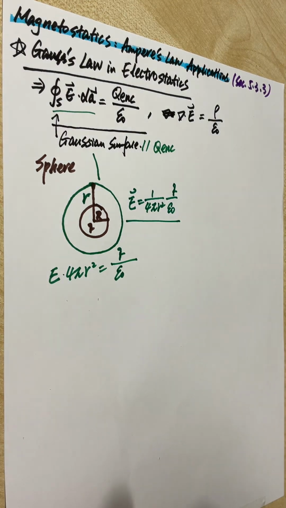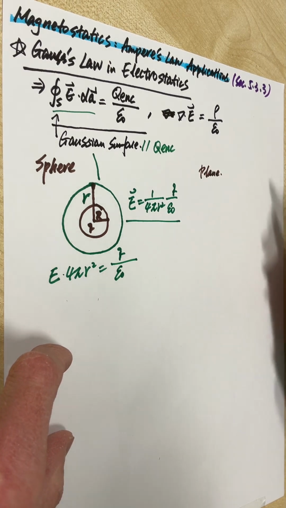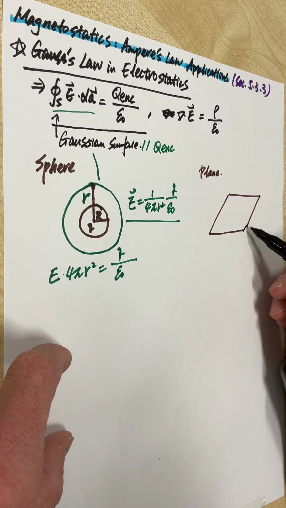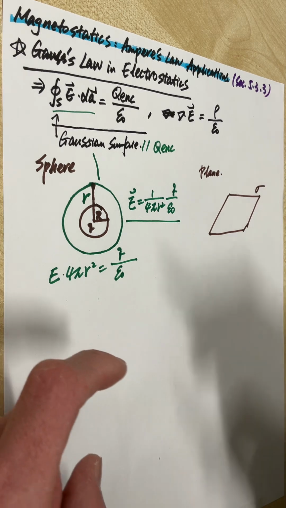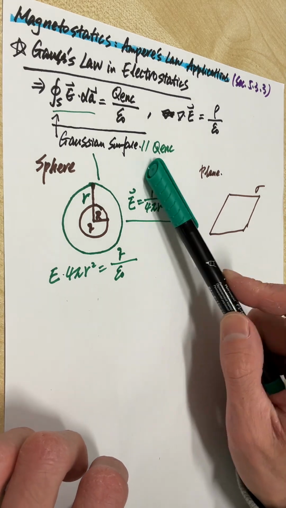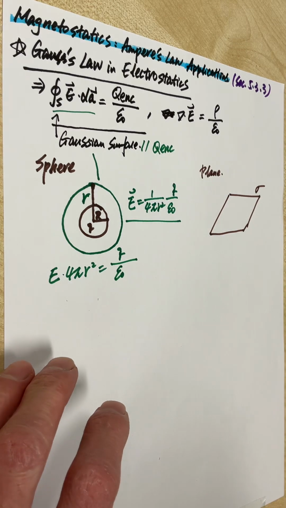Another example is a plane. Suppose we have a uniformly charged plane, and the surface charge density is sigma. So how do we find the Gaussian surface? We want a surface that is parallel to the uniformly charged material.